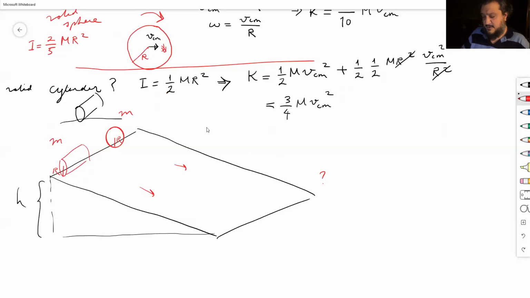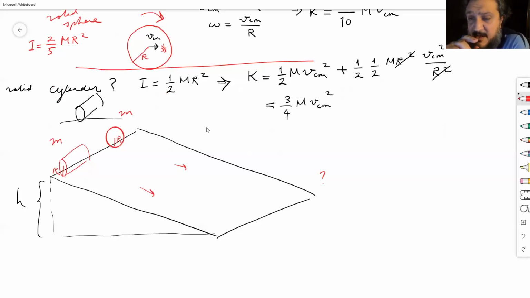So we don't want that. We want a nice clean roll without any slipping, but we don't want to lose mechanical energy in the form of heat. That's what I'm trying to say when I say ignore friction. So use energy concepts and just conserve the mechanical energy for both objects.